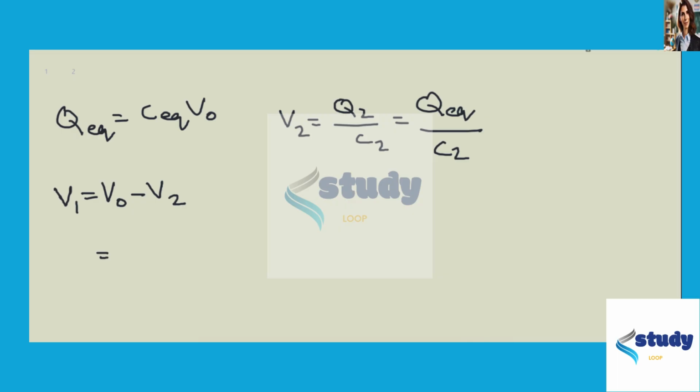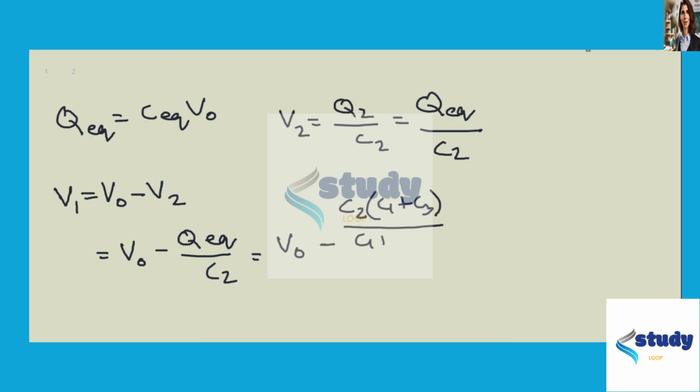So we can substitute this value: it's going to be V naught minus Q equivalent by C2, and that should give us an expression like C2 times C1 plus C3 divided by C1 plus C2 plus C3 times V naught, the whole thing divided by C2.